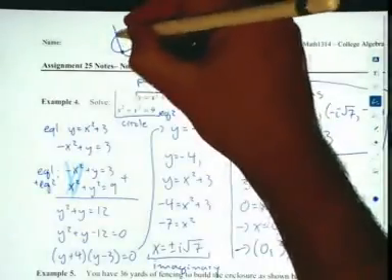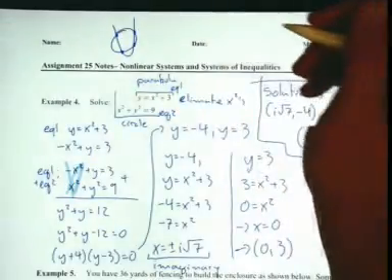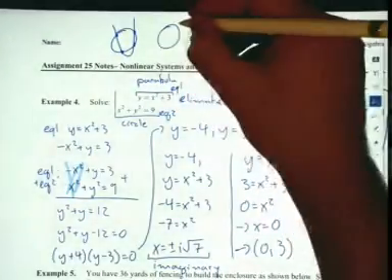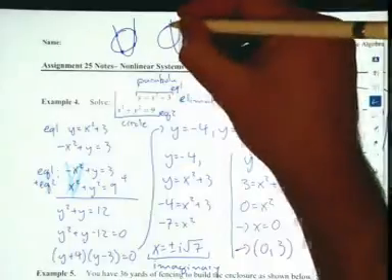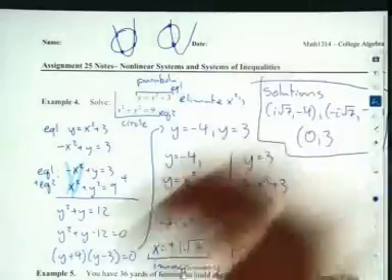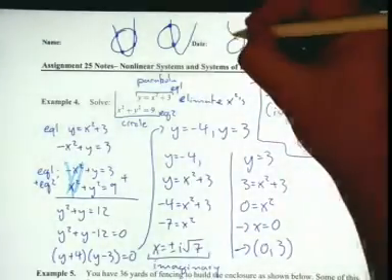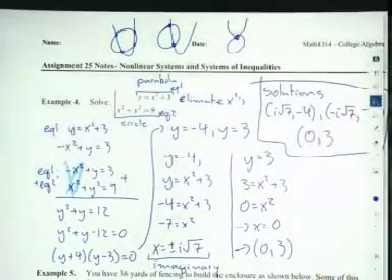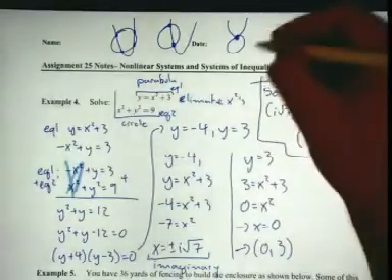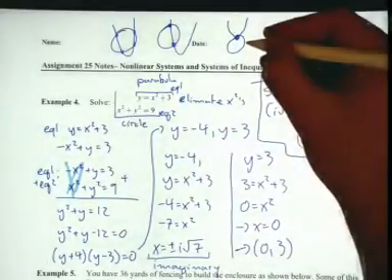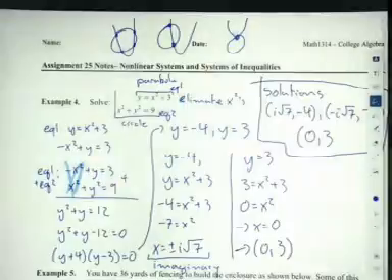Here's 1, 2, 3, 4 solutions. I could have a circle where I have a parabola doing this. There's 1, 2 solutions. Or I could have a circle and a parabola doing this where there's only one solution. I think this is going to be a situation that we're going to encounter here. Let's take a look.